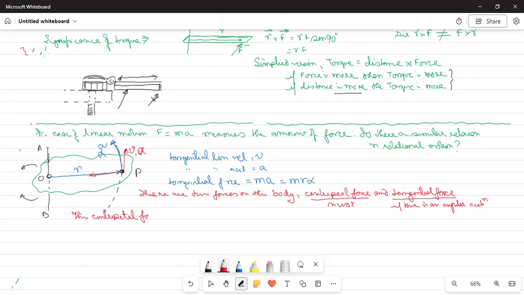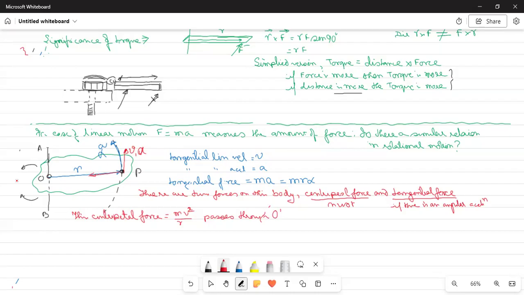This centripetal force, whose value is equal to mv square by r, which we have seen in our chapter, passes through the origin.